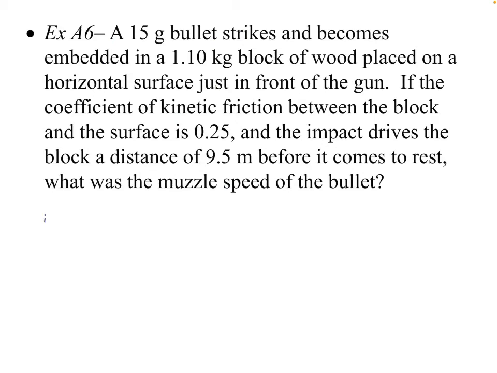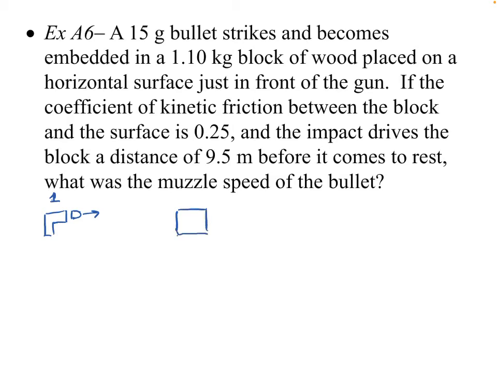Okay, so we want to know the muzzle speed of the bullet. So again, we need to look at when can I use conservation of momentum, when can I not? So here we go. That is the first moment at which the bullet is just going here, so I'm going to call this position 1. Looking at this, in this question it looks like I'm going to have more than 2 positions, so that's when I start numbering them 1, 2, 3.